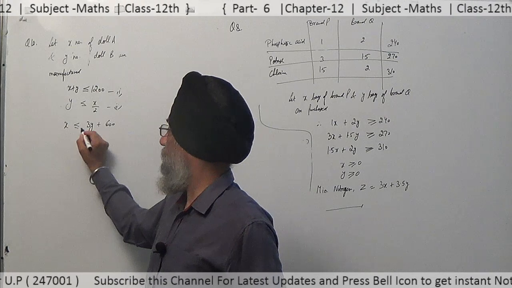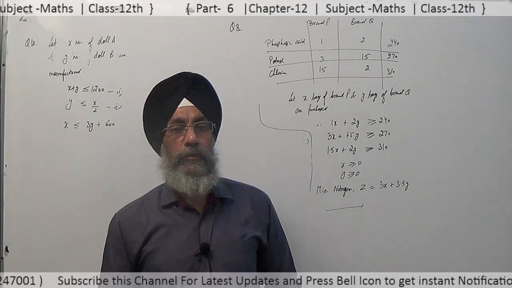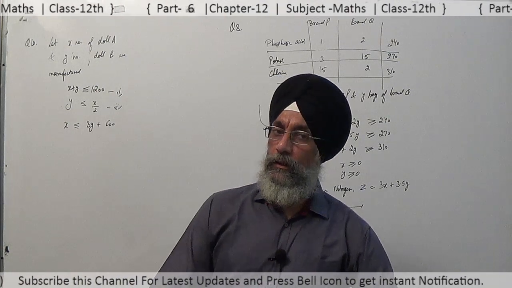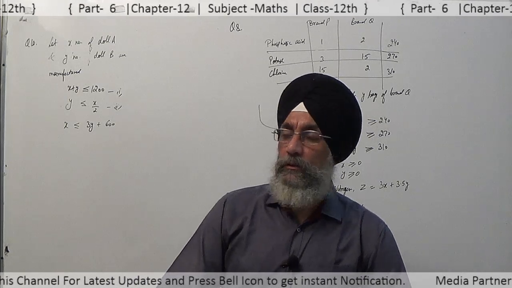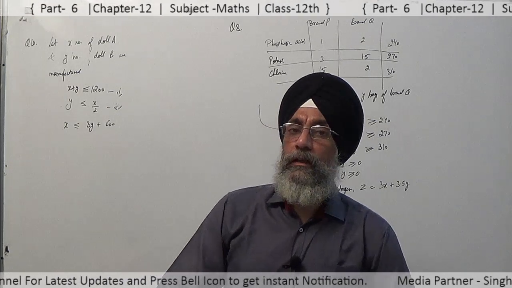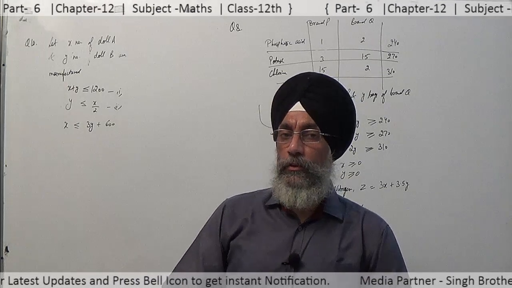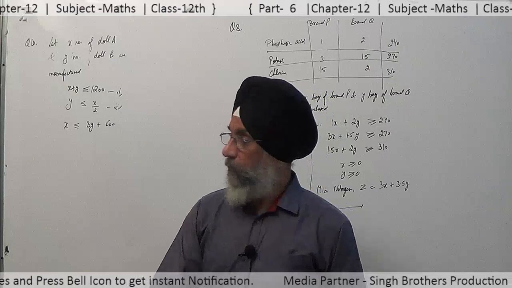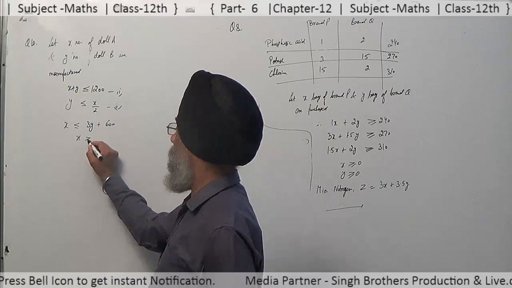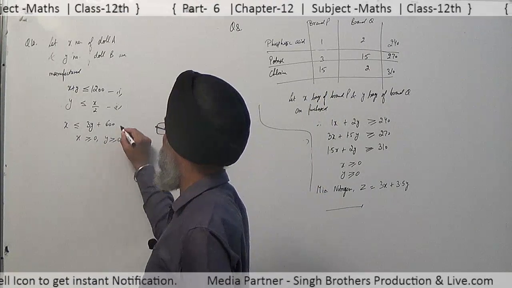So it becomes x less than or equal to 3y plus 600. So these are the inequations, the constraints we have formed here.